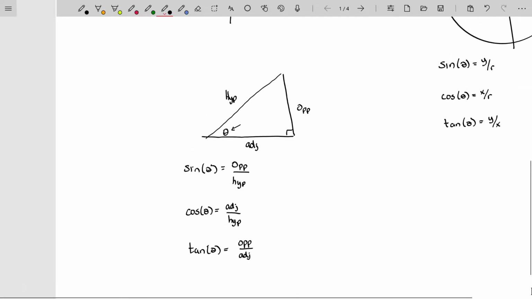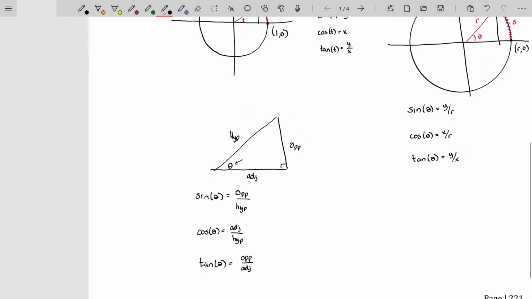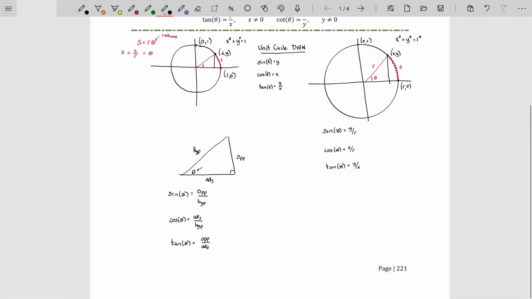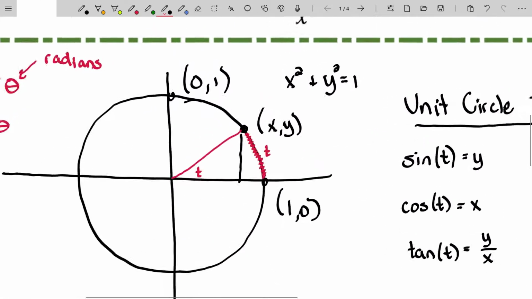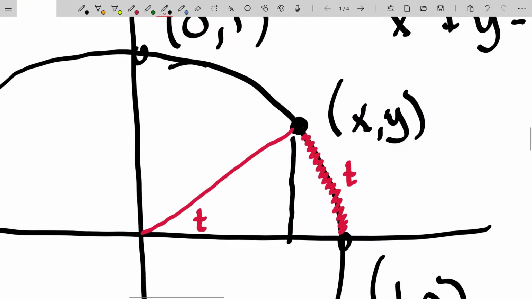Now, if you just use the right triangle trig definition and compare it to the others, it is actually the same definition. Going here, this adjacent length is x, the opposite length is y, hypotenuse is 1. The sine of t is opposite over hypotenuse, y over 1. The cosine of t is adjacent over hypotenuse, x over 1.